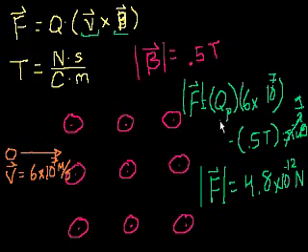So let's see if I can do this. I want my index finger on my right hand to point to the right, but I want my middle finger to point upwards. So let me see if I can pull that off. My right hand is going to look something like this.